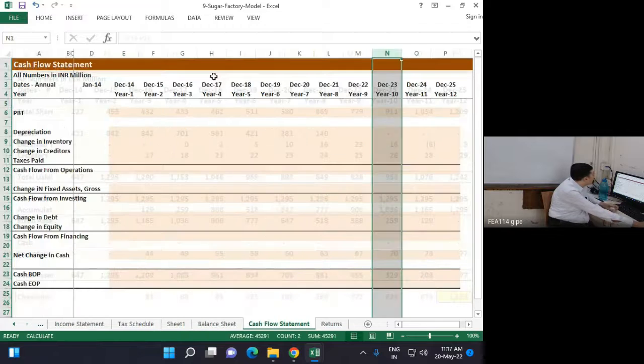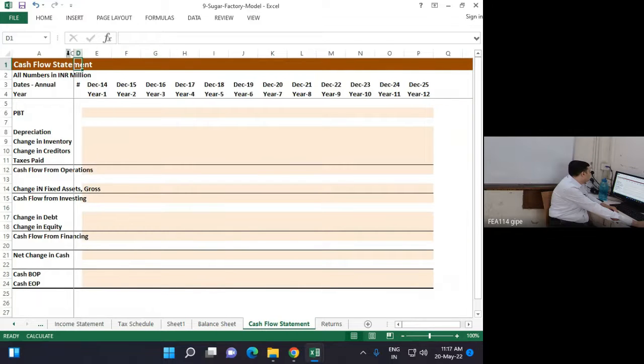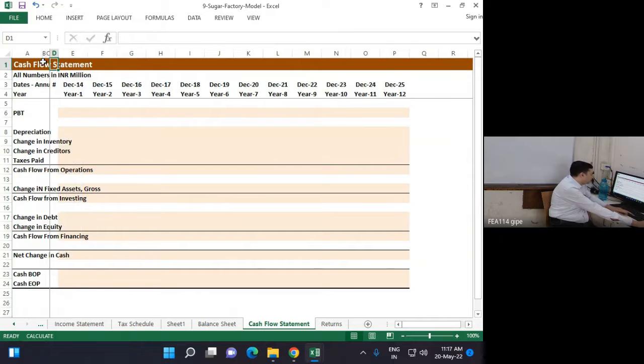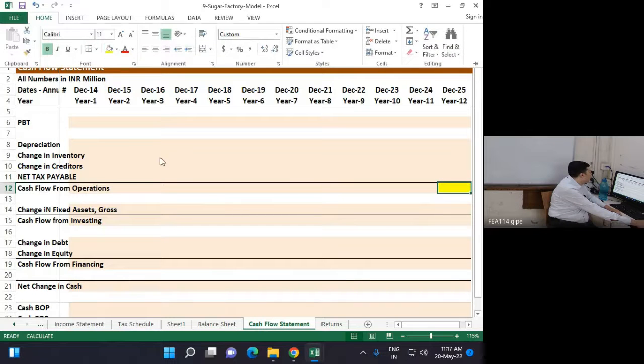Okay. So cash flow statement में एक ही लाइन आइटम के नाम का चेंज आप करो, which is written there as taxes paid. Instead of that, you change the name to net tax payable. And tell me CFO for year 12.